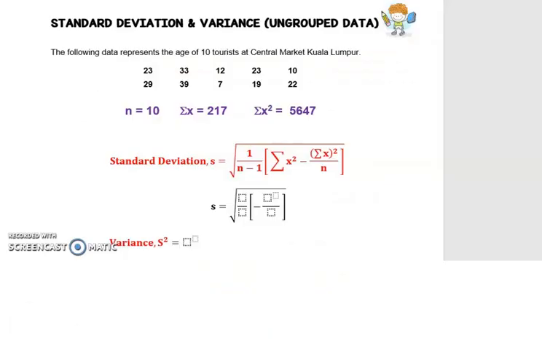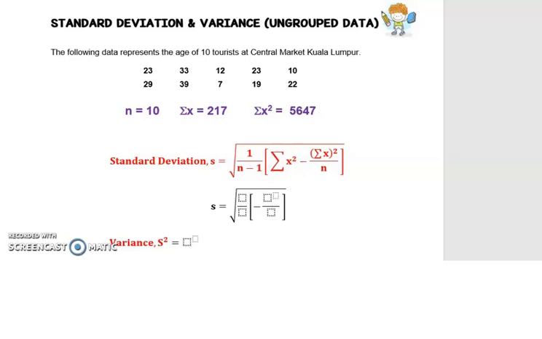Now let's look at an example of ungrouped data on how to calculate standard deviation and variance. Here we have data about each of 10 tourists, so we have 10 data values.